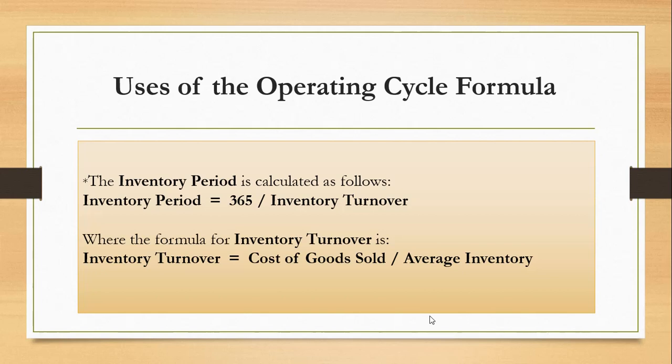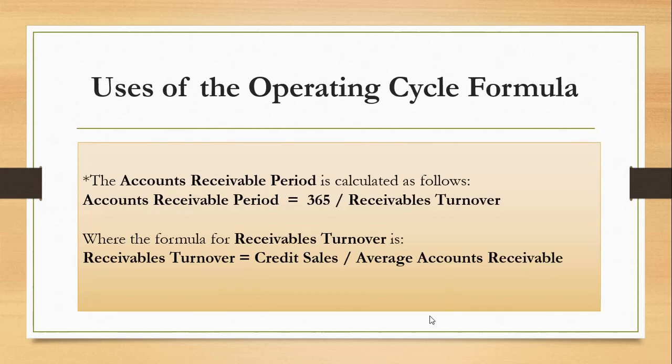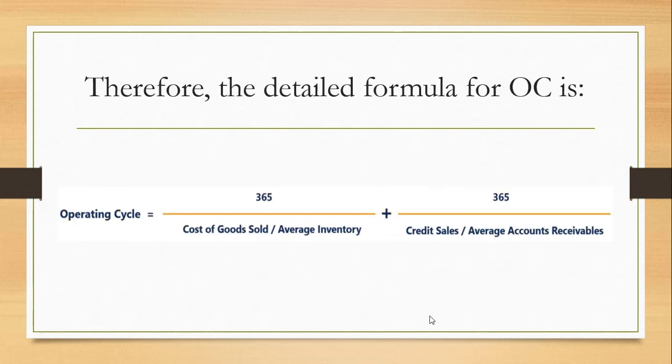Inventory period equals 36.5 divided by inventory turnover, where turnover equals cost of goods sold divided by average inventory. Account receivable period equals 36.5 divided by receivable turnover, where receivable turnover equals credit sale divided by average account receivable.